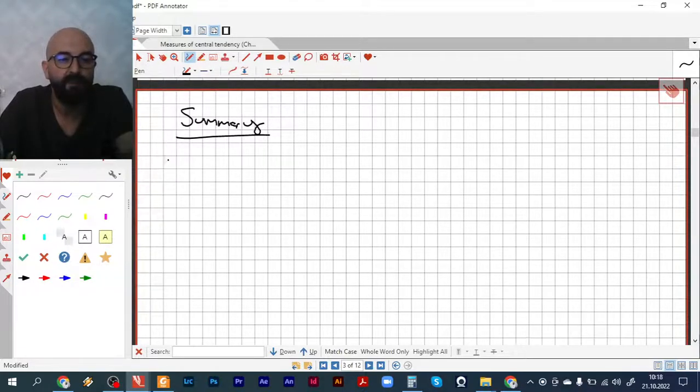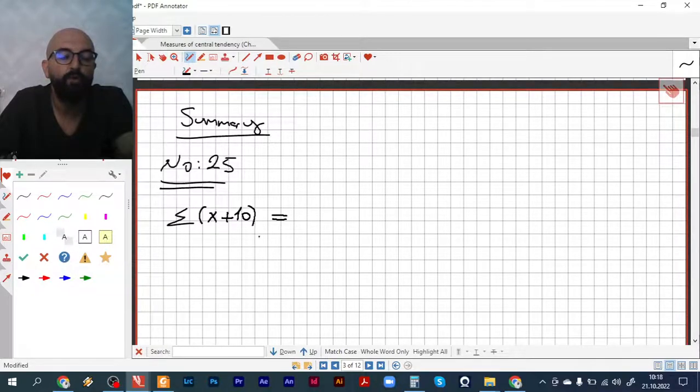For example, we have 25 data, and if you have sigma of x plus 10, you can use the sum of x plus 10 times 25, because you have 25 data.